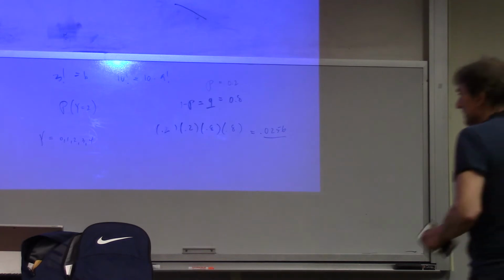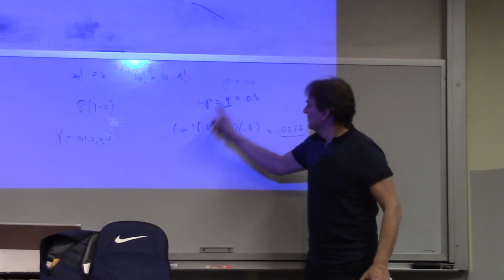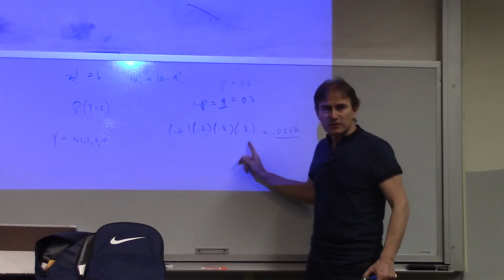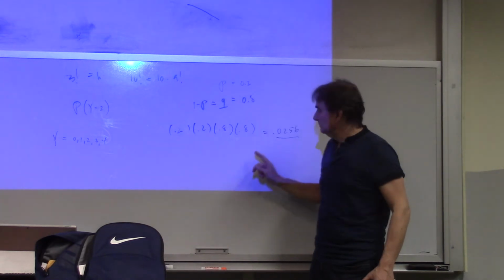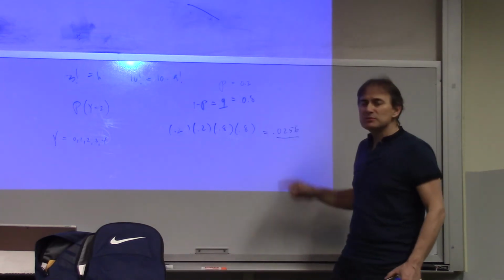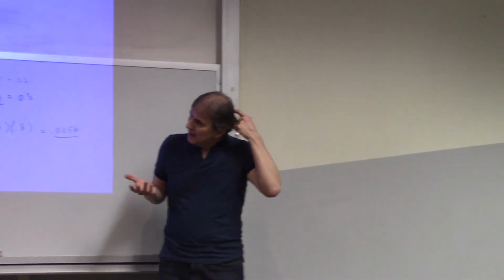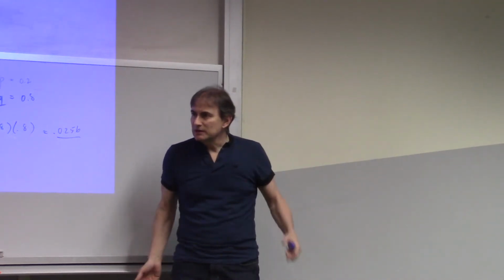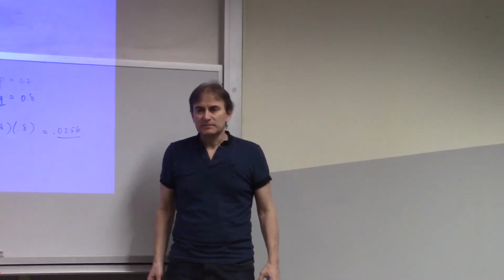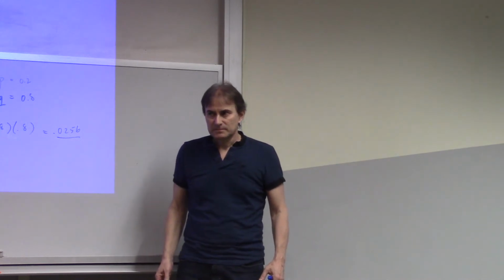So my first attempt, I succeed with this probability. I succeed again, I fail, and I fail. So that gives me about 2.5%. So 2.5% of the time, which by the way is not very high, I will get a strike, not get a strike, not get a strike. Okay?